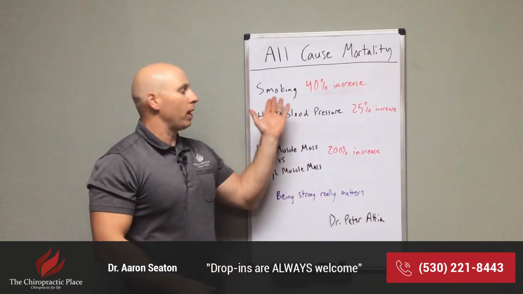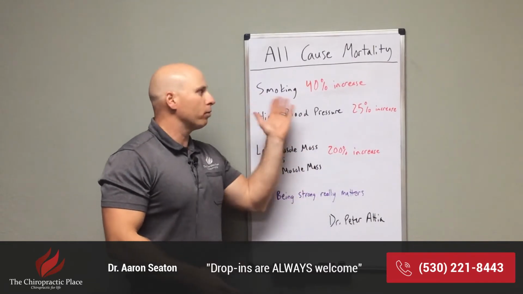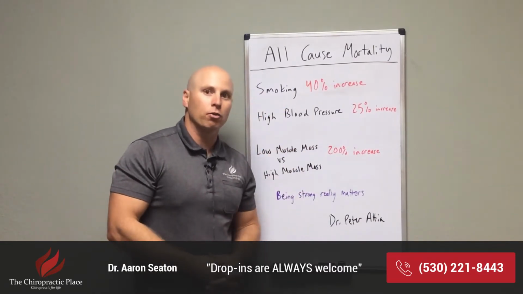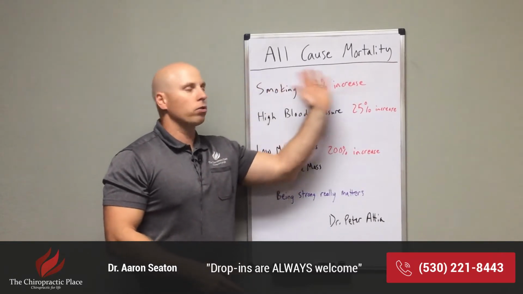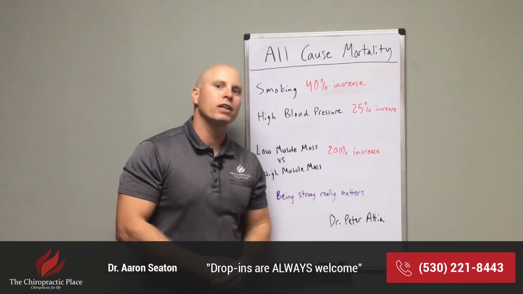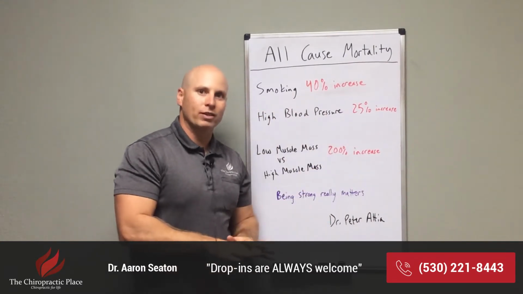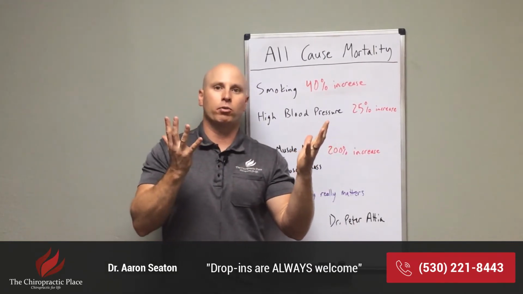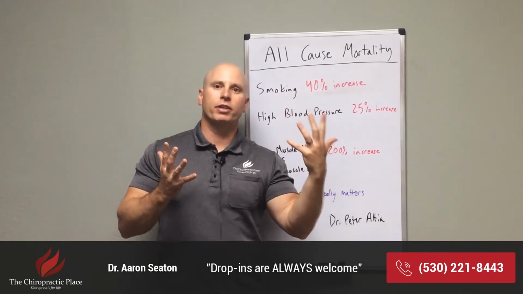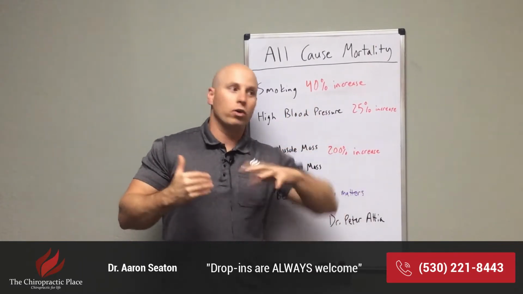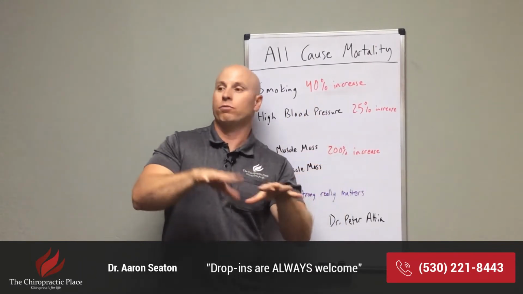So we know, and most people already accept, that smoking does cause increased risks for a number of different health problems. So related to all-cause mortality, smoking causes a 40% increase in your overall risk of death. When you take a smoker and compare them to a non-smoker, the smoker has a 40% increase in chance of dying from all causes of death at that particular moment versus a non-smoker.